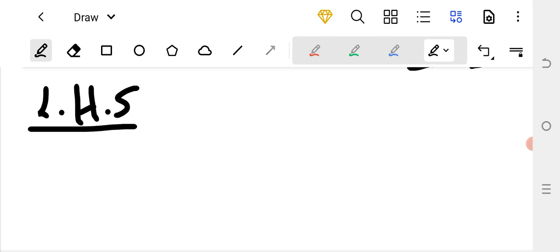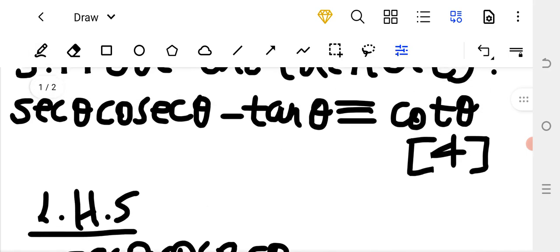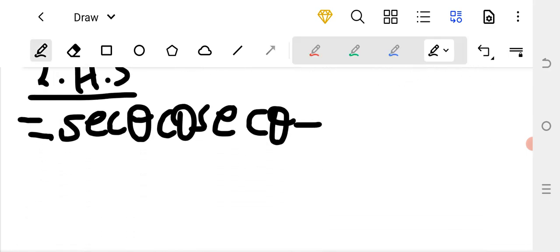So I'm going to say left-hand side is equal to sec theta cosec theta minus tan theta.